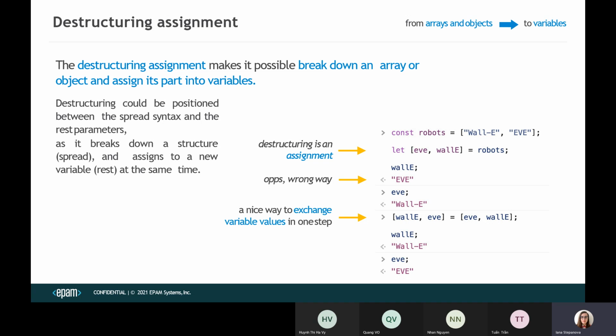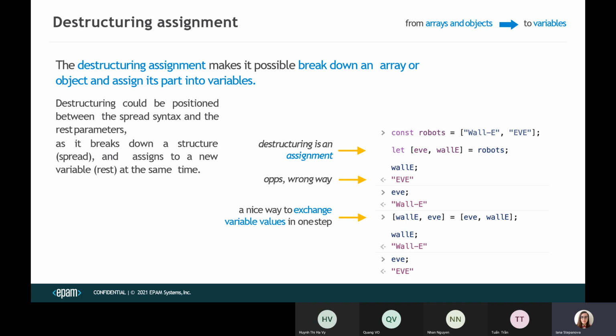Lots and lots of times you will have to look inside an array or object and get some values from it. Not necessarily everything, just some parts. So you can use this destructuring syntax. You can see it on the second line. First we have const robots equals Wally and Eve. And then I'm writing the keyword let.